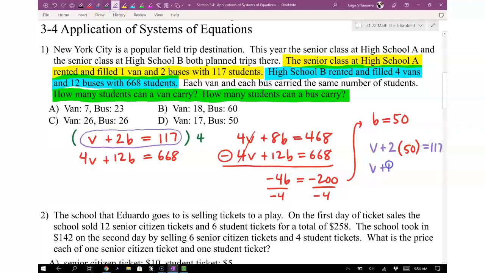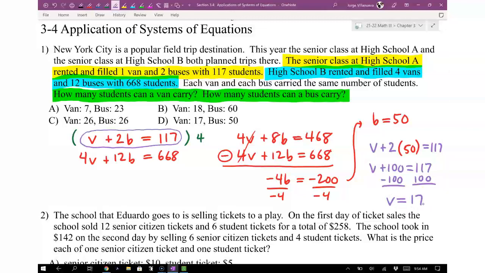So v plus 100 is 117. If I subtract 100 on both sides, what's my answer for v? 17.